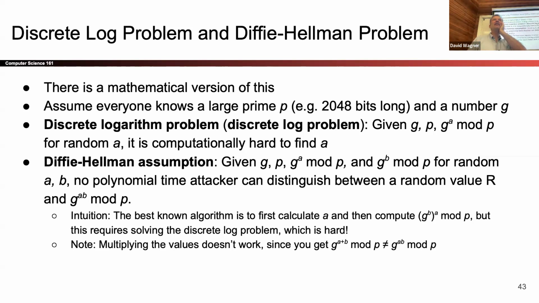Instead of adding in Alice's secret color, we're going to raise to Alice's secret number A, raise to the power A. And g to the AB is the same number as g to the BA. So just like with paint, you can add in red and then teal, or add in teal and then red, and you end up at the same ending point. You can exponentiate to the A power and then the B power, or exponentiate to the B power and then the A power, and you'll end up with the same number.